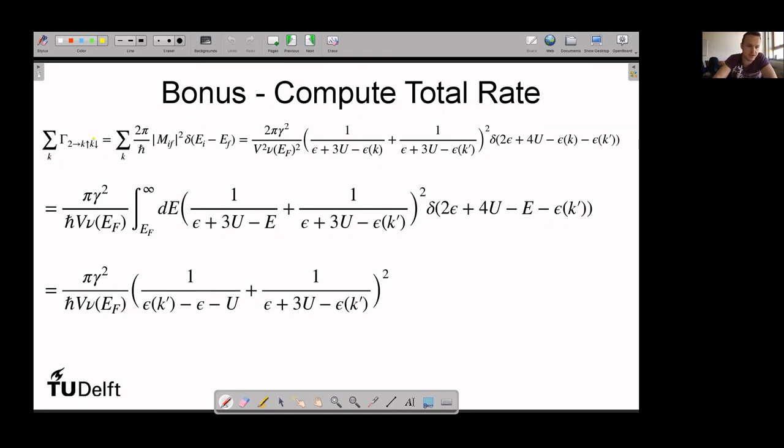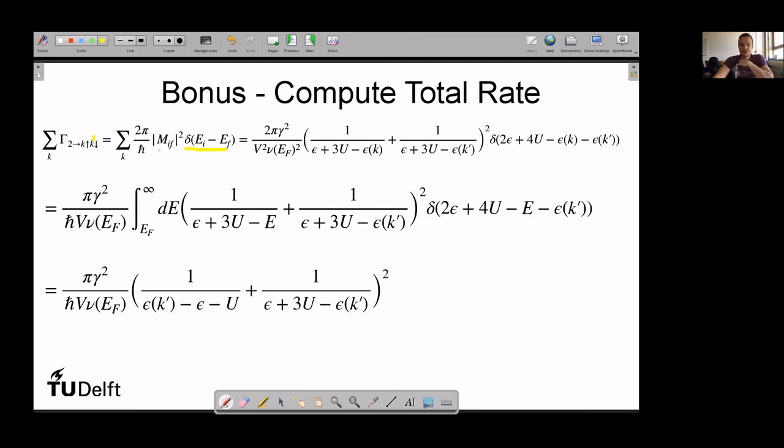There must be a k prime in one of them, so here it's gamma 2 going to k up, k prime down. But the total rate will be the sum over, first we need to sum over all possible k's, not k primes, but only k, of this matrix element times, again, energy conservation of the energy difference between the final and the initial state. This is the usual formula.